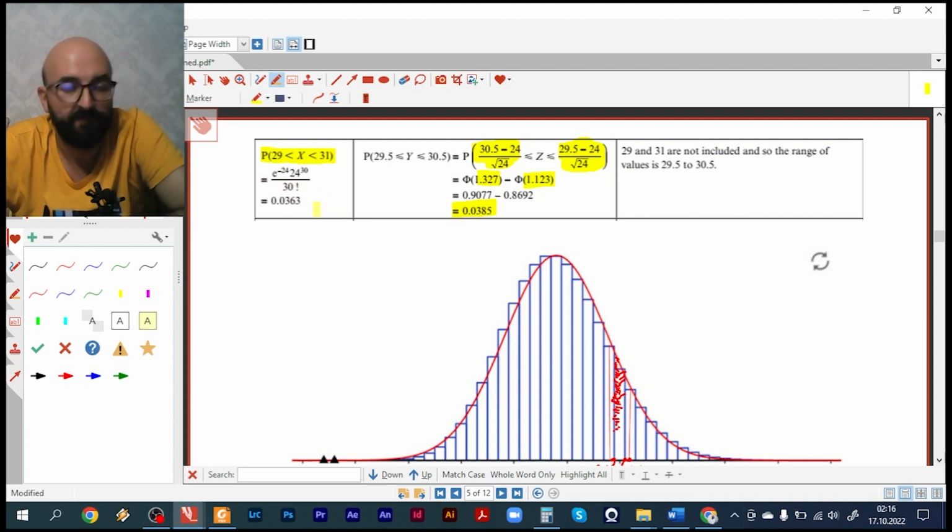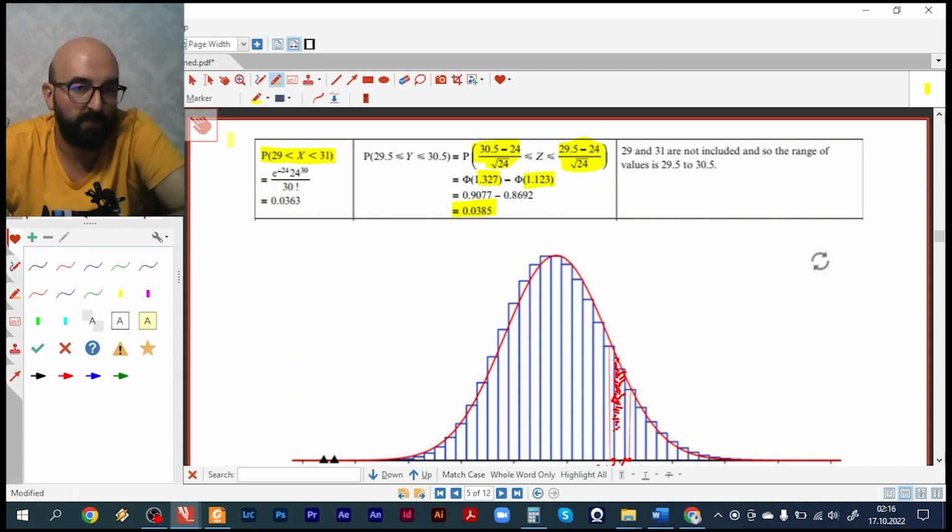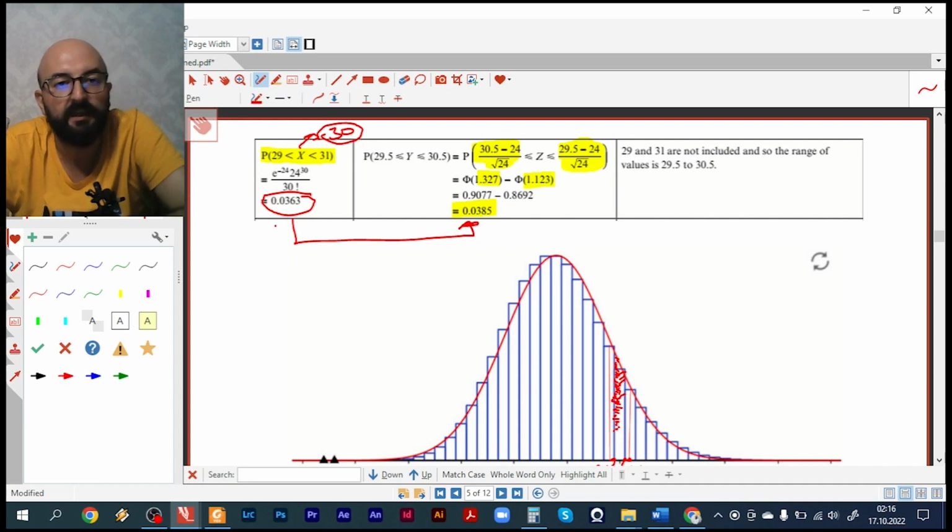But if you solve this problem by using the Poisson distribution formula, between 29 and 31 the value is 30. So you should find the probability of 30. You could find this value, and one more time we could see these values are very similar to each other.